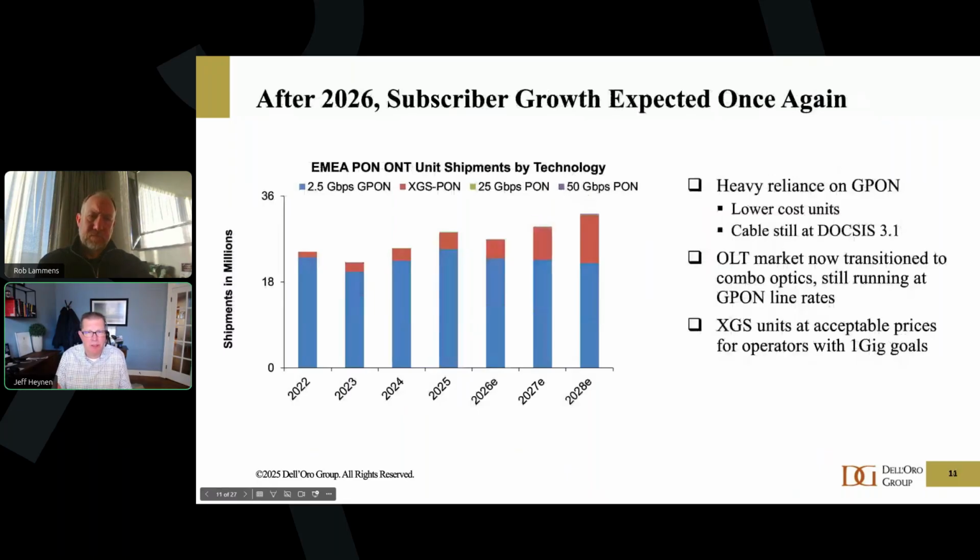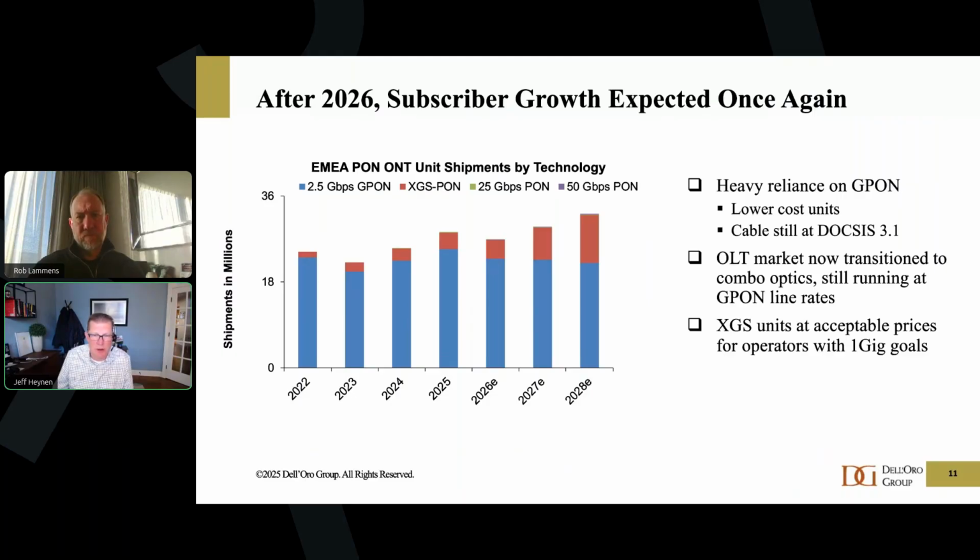And so you can see on the ONT side, I mentioned that we're seeing far more GPON units, and that makes sense. In the markets where there's cable competition, much of that cable plant is still at DOCSIS 3.1. So many of those operators are facing competition where GPON and a 1 gig line rate downstream is going to be perfectly fine when you're competing, when your next highest is maybe a 500 meg service to perhaps a gig service.